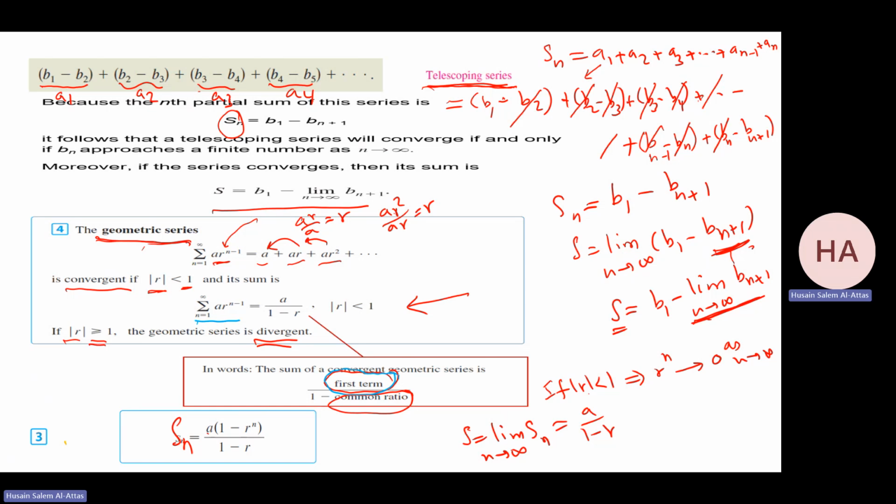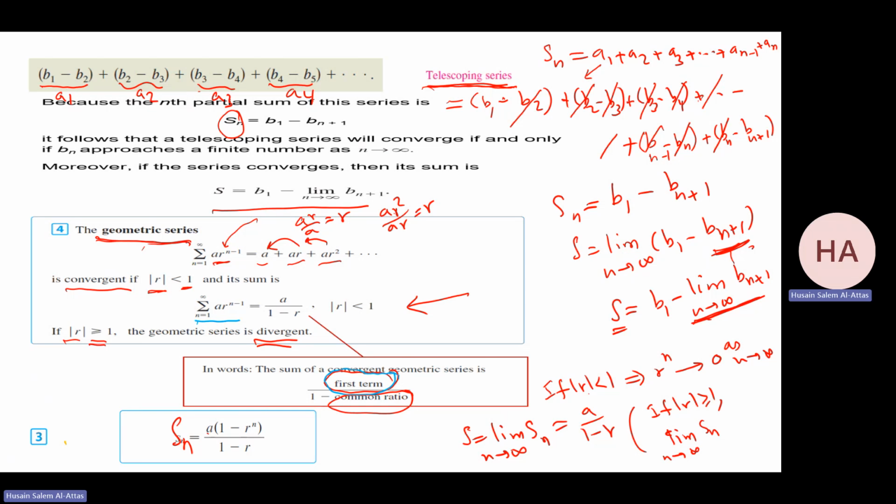However, if the absolute value of r is greater than or equal to 1, then what will happen to r^n? It will go to either infinity or minus infinity. It will not converge. Then the limit of Sn as n goes to infinity depends on whether r is negative or positive.